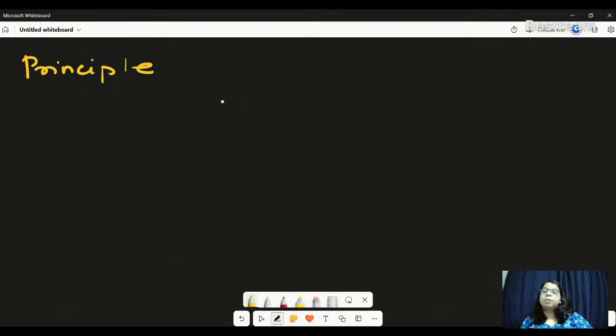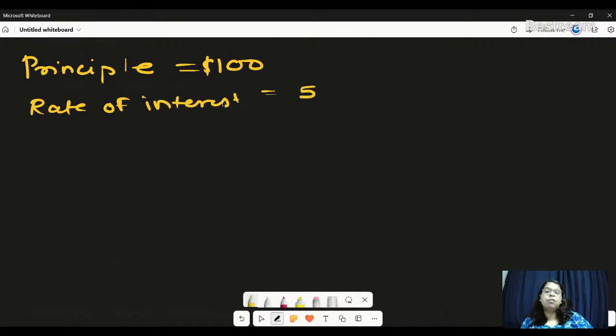So principal is equal to, let's say, your $100. Then we have the rate of interest which the bank is promising. Let's say the bank is saying they will give you 5%, which is too high, by the way, at least in the case of Singapore; in India it is average.